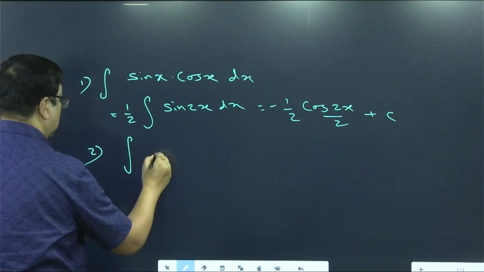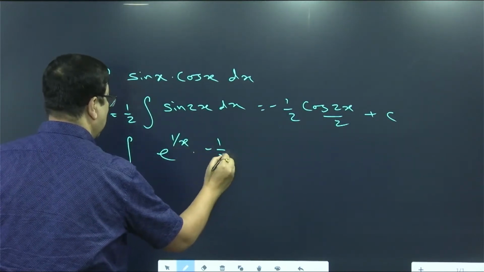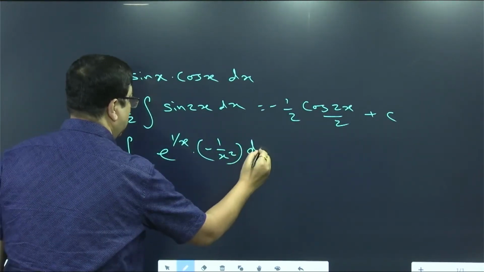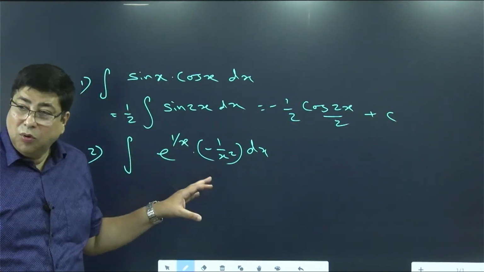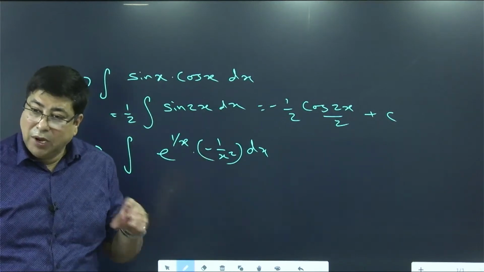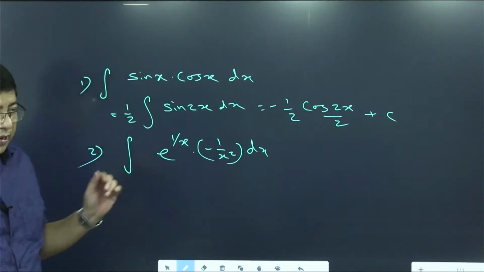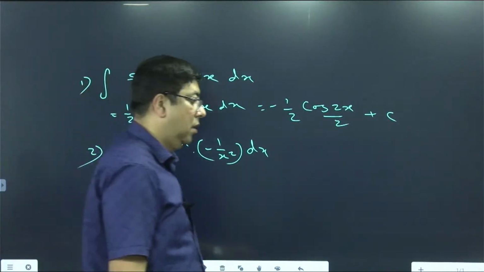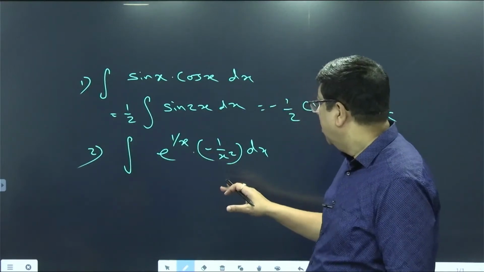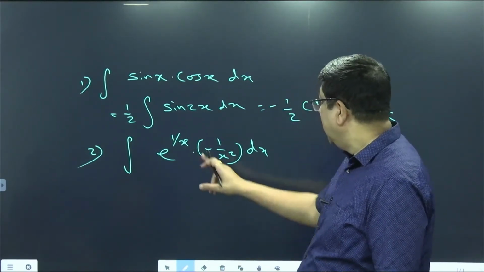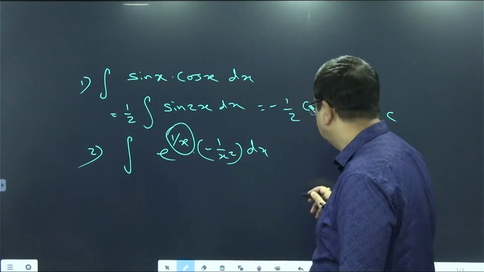Integration e to the power 1 by x into minus 1 by x square dx. What to do? You have to take anything as t whose derivative is present in the sum. It means we are doing differentiation and integration at a time. Okay? Solve it. It means we need the proper concept on differentiation.